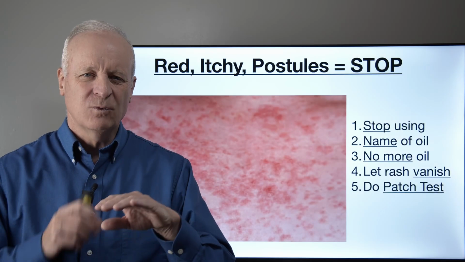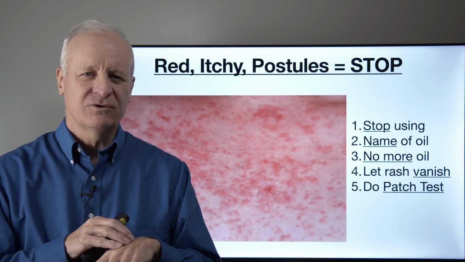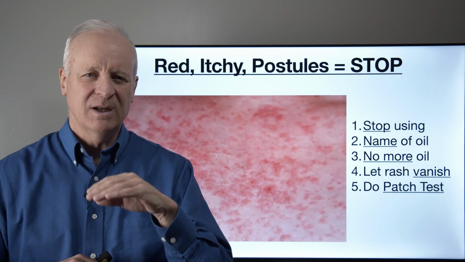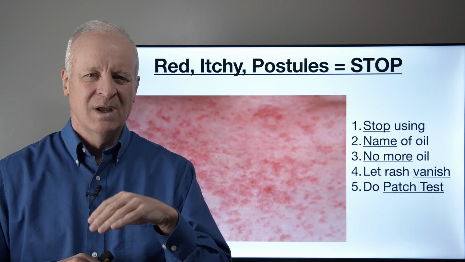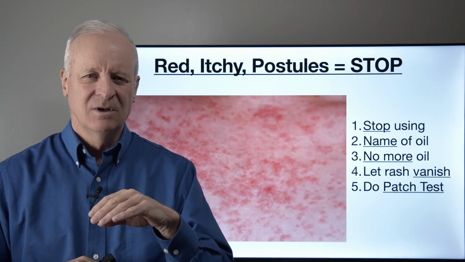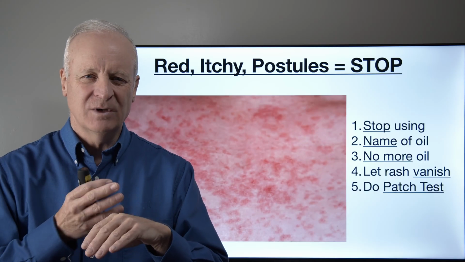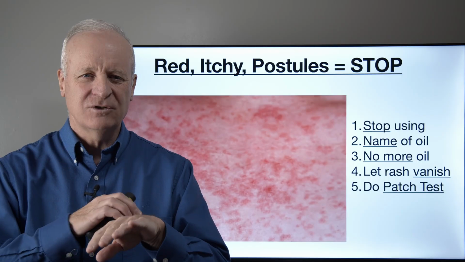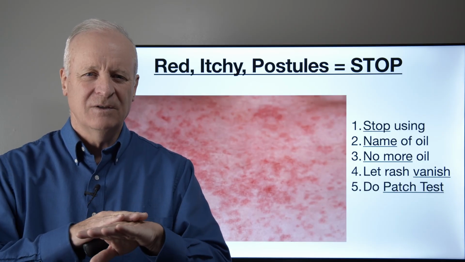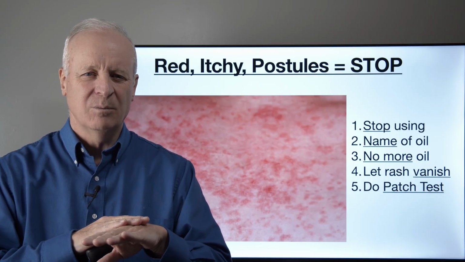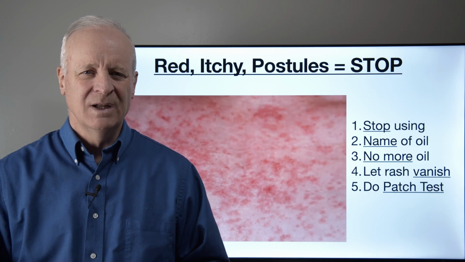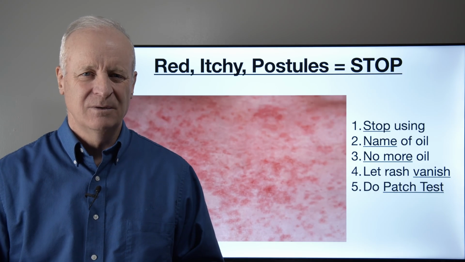But when this redness or rash or pustules occur, the best thing to do is let the body heal the wound. It might take up to 2 weeks. Don't use essential oils. Don't add essential oils to it. Just let the body heal. Don't scratch it. Don't rub it. If anything, you can press on it, but if it's pustules, don't try to break them. Let the body heal itself.